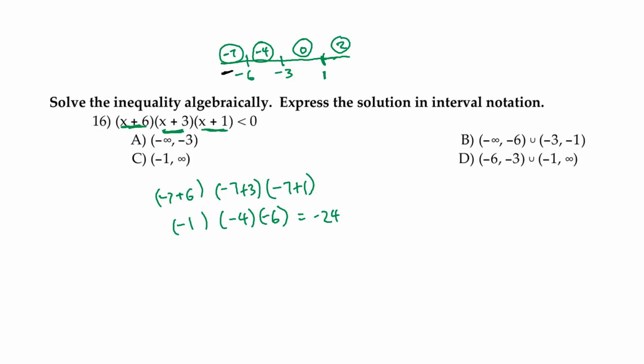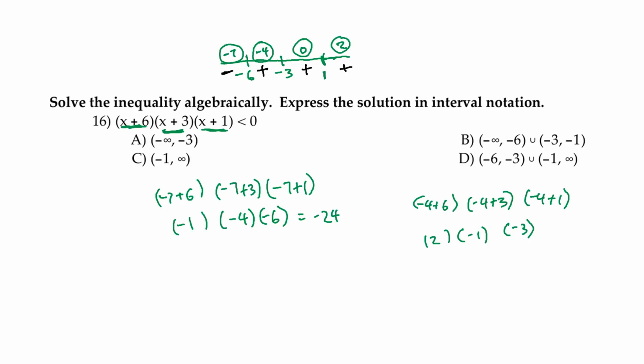If we tried the other ones, negative 4 plus 6 would give us 2. Negative 4 plus 3 gives us negative 1. Negative 4 plus 1 gives us negative 3. And if we multiply that, we end up with a positive 6. If we tried the rest of these, we'd end up with a positive if we input 0, and also a positive if we input 2.